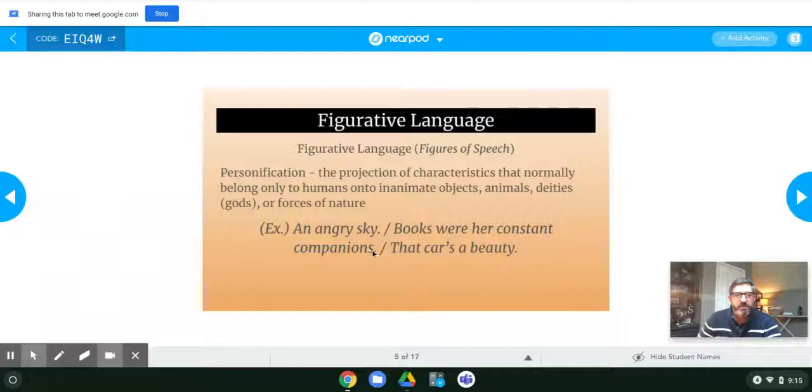Books were her constant companions. So what are companions? Humans are companions. They can be your friends. Books are not capable in the literal sense of being your companion, but they can give you comfort figuratively, so they can be your companion that way. And that car is a beauty. So a car cannot be technically beautiful.